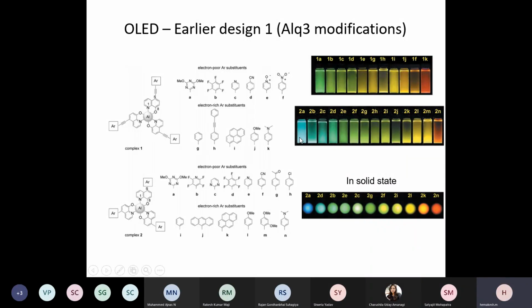These are cuvettes in which you have solutions of these molecules, and these are substrates, the compounds deposited on a substrate. So you can get a variety of colors out of it by appropriately choosing the side groups. And all of the compounds are fluorescent compounds.